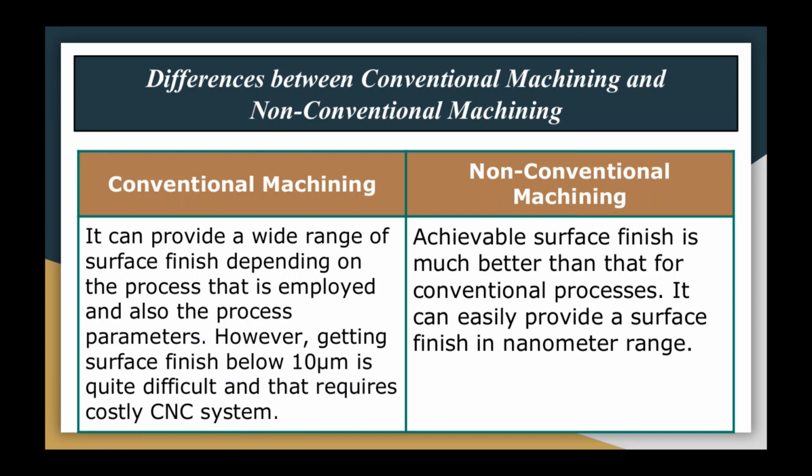But in case of non-conventional machining, the achievable surface finish is much better than that for conventional processes. Non-conventional machining can easily provide a surface finish in the nanometer range. So this is a plus point about non-conventional machining.